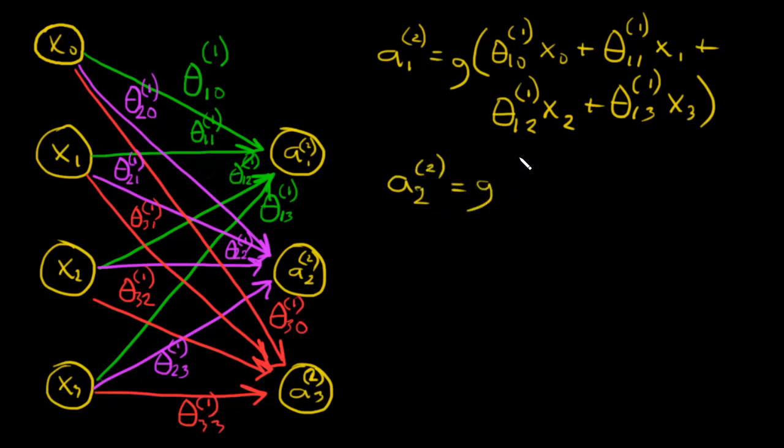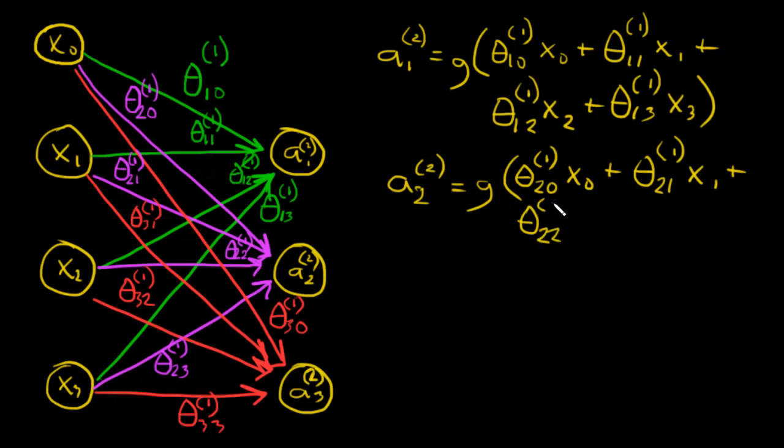That activation is going to be the sigmoid applied to, this is now the purple, this weight, theta 0, 2, layer 1 times x naught, plus theta, now for the next weight from this node to this node, 1, 2, and layer 1, x sub 1, plus theta 2, 2, layer 1 times x sub 2, plus, finally, theta 3, 2, layer 1 times x sub 3.